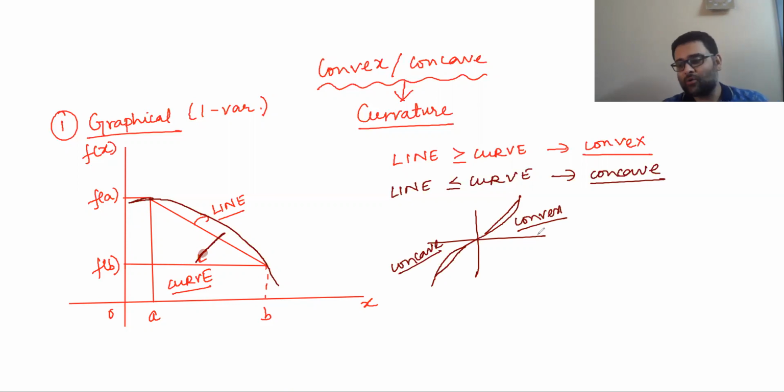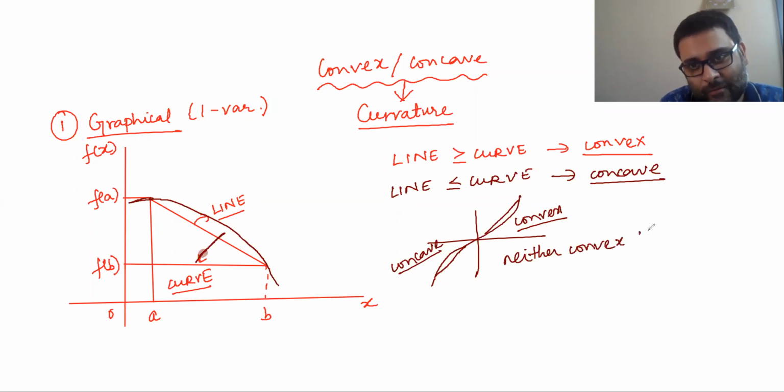So what can be said about a function if it is concave in one part and convex in the other part? We will say that the function is neither convex nor concave. Okay, so if I have a function which is convex in one part and concave in the other part, then I say that the function is neither convex nor concave.